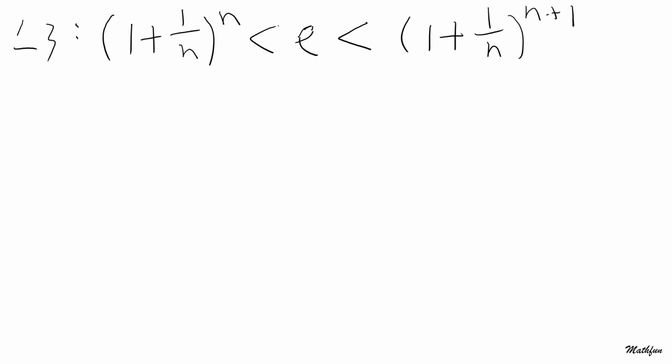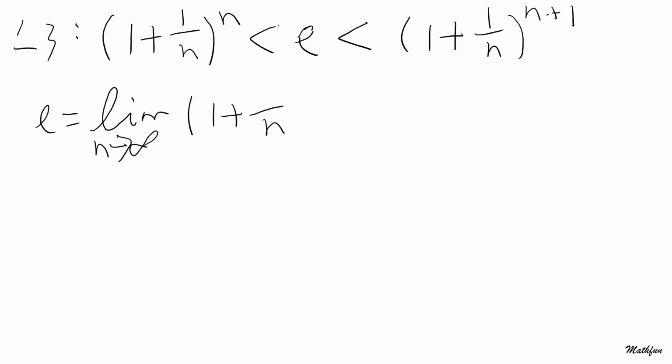Okay, so how do we prove that? Well, we know e is defined as the limit when n approaches infinity of 1 plus the reciprocal n to the power of n. And remember, this one increases, isn't that true? This one increases, and e is defined as this series approaching infinity, so this one is obviously true.